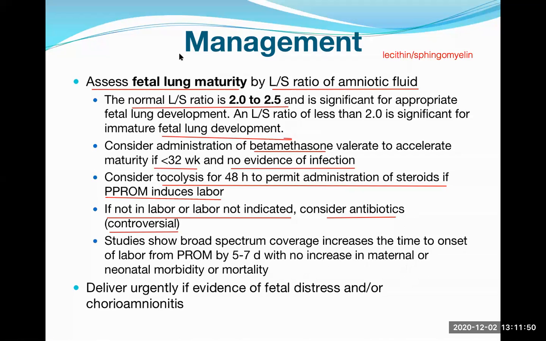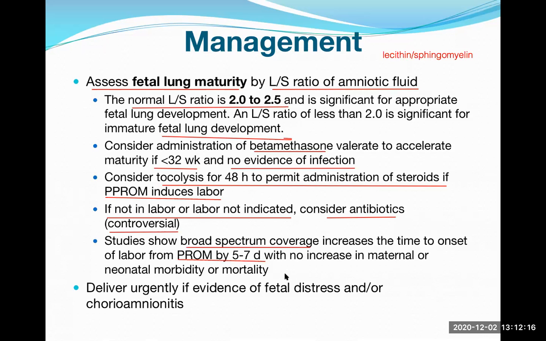Very important point there. Let me explain it once again. There are different studies done all over the world, and they show broad spectrum antibiotic coverage increases the time to onset of labor from PROM by 5 to 7 days without any excessive increase in maternal or neonatal morbidity or mortality. But once again, let me clarify the point here.